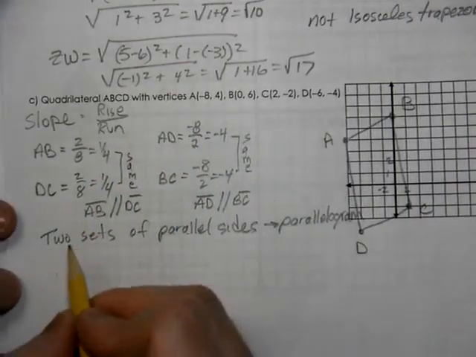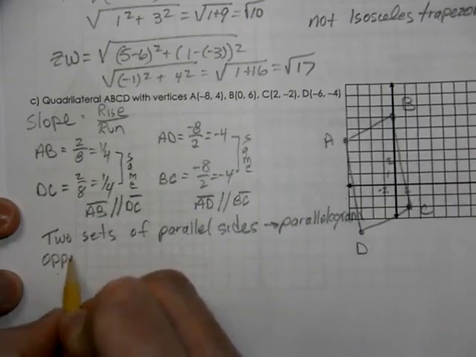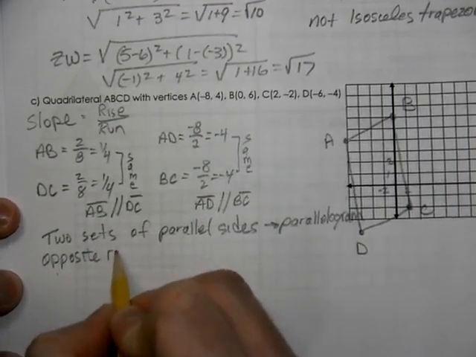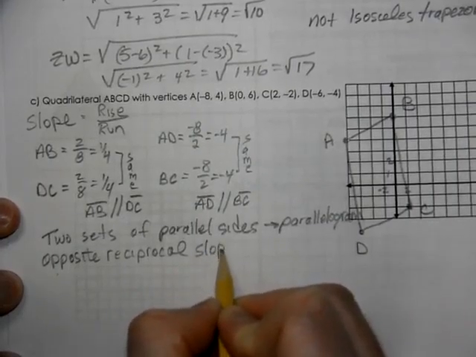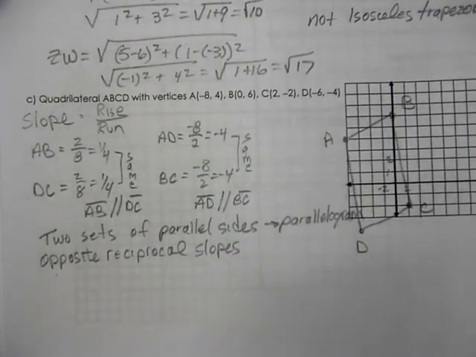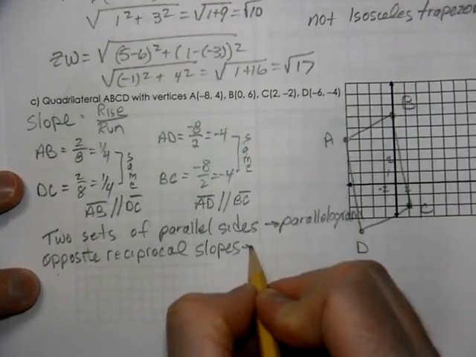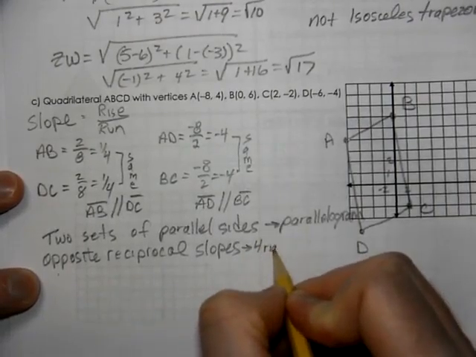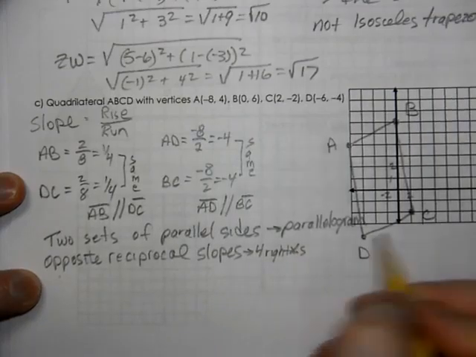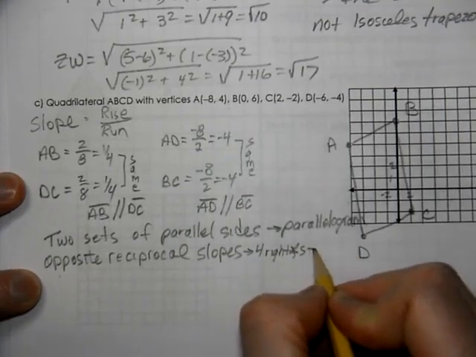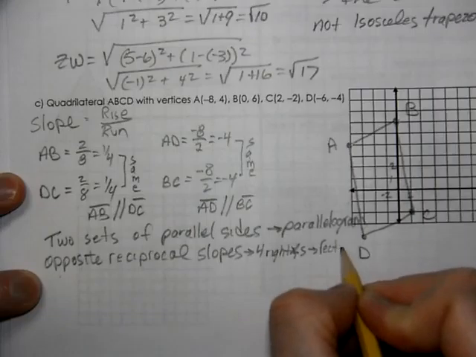So these are opposite reciprocals. Opposite reciprocals show 4 right angles. And if you have 4 right angles, then you have a rectangle.